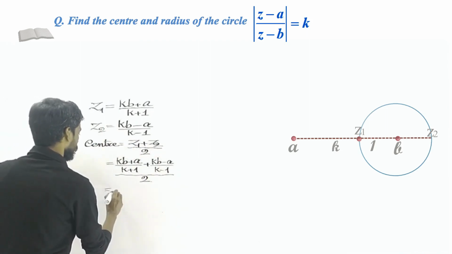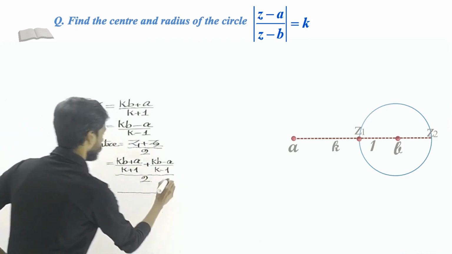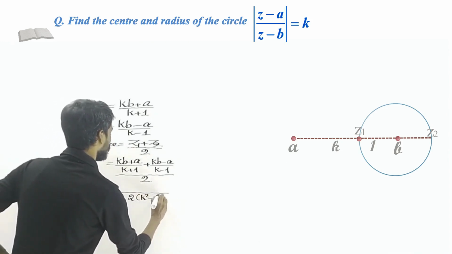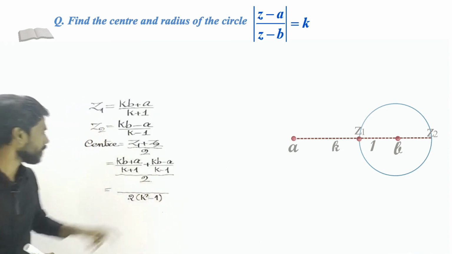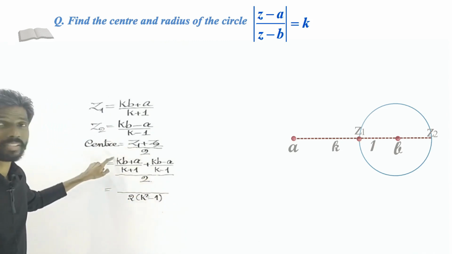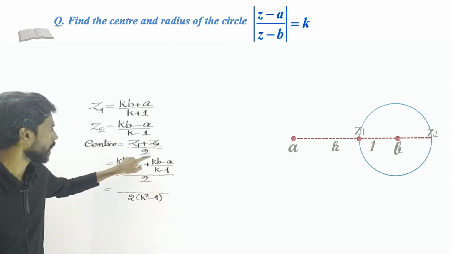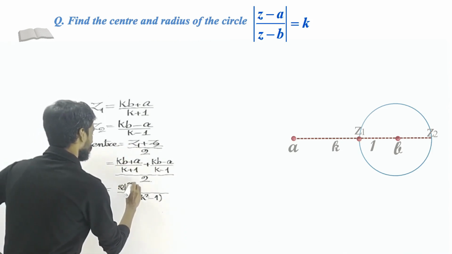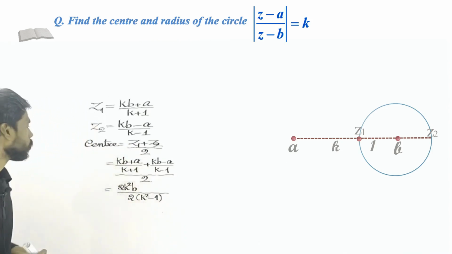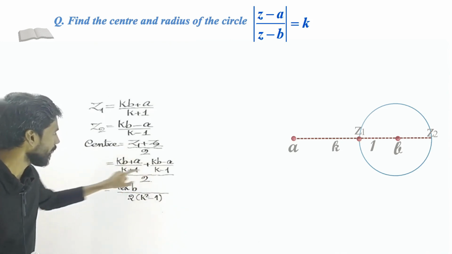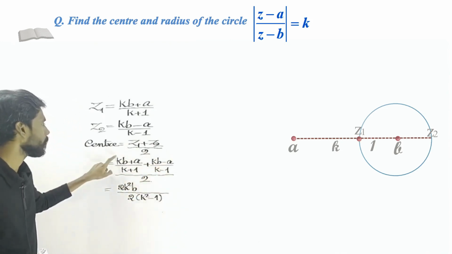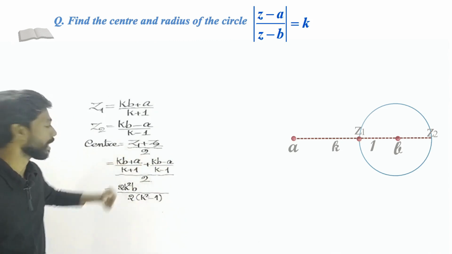If you take the LCM, it will become k square minus 1, and then multiply this. So this is k multiplied by this, k square B, and here also we have a k square B, so 2k square B. Next, kA and here it is minus kA, so that gets cancelled, and then minus kB and plus kB also gets cancelled.